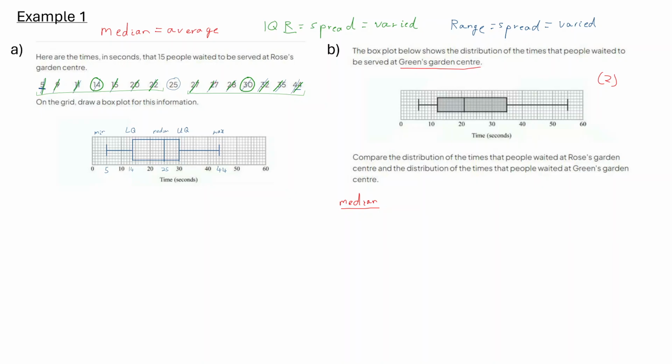So we can say that the median waiting time for Rose's Garden Centre is 25, which is here, and the median here looks like it's 21, which is lower.